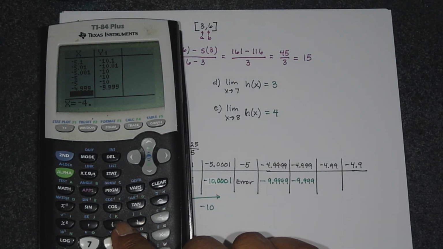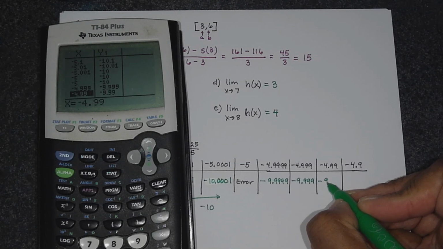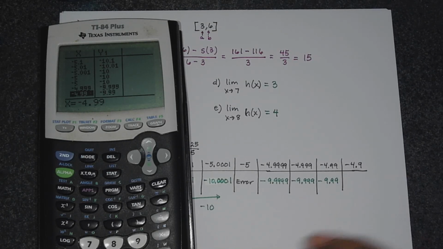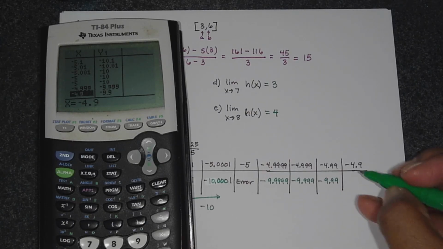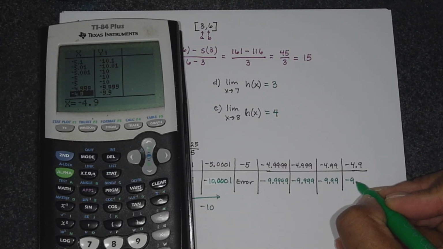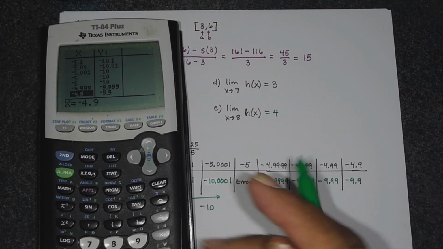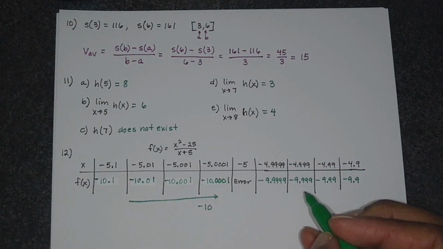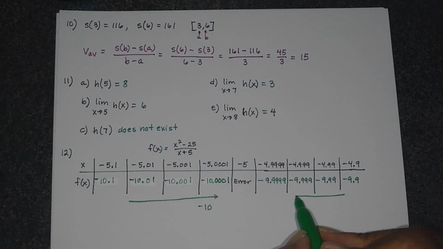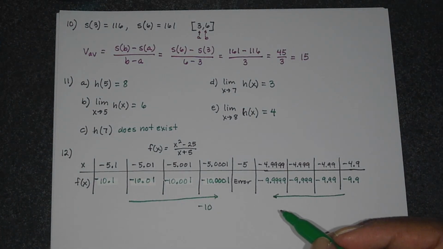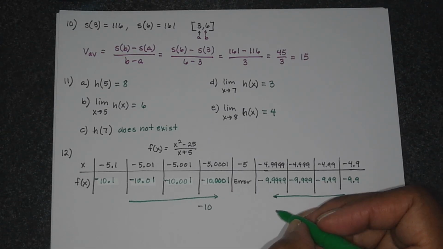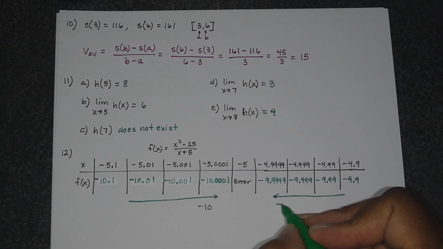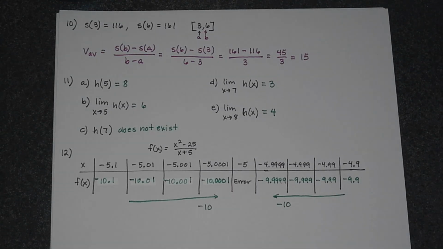Negative 4.99 would be negative 9.99. And then negative 4.9. That'd be negative 9.9. As we come in from the right of negative 5, the function value will be approaching where? Also negative 10.